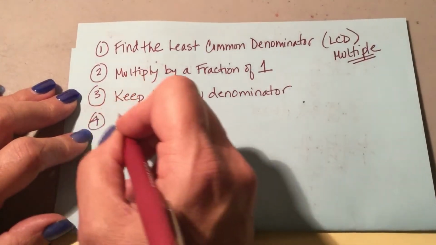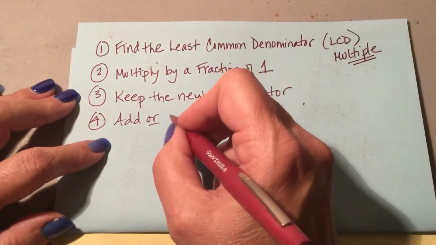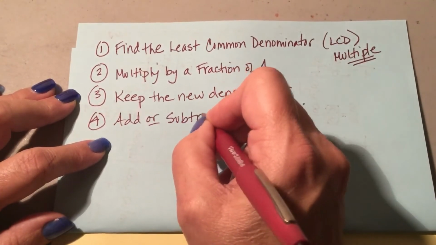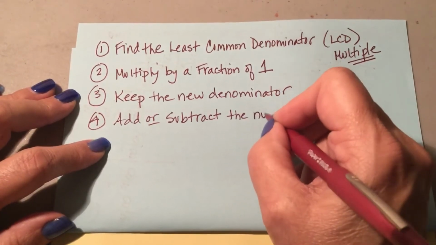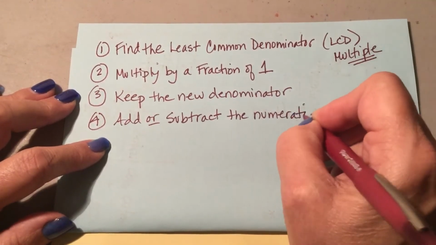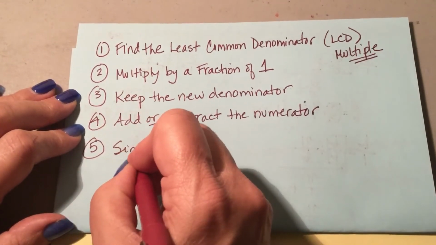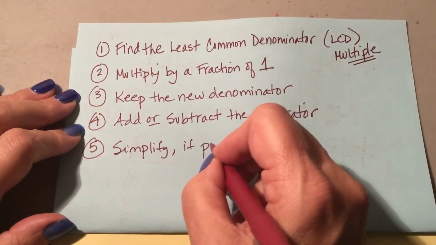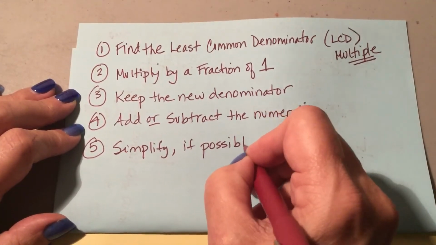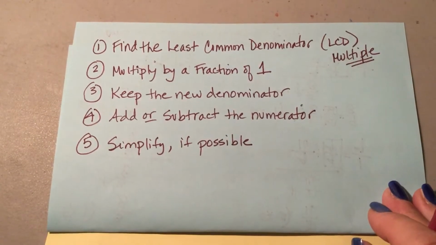Okay. Then step 4 is going to be add or subtract, depending on what we're doing, right? Add or subtract the numerator. And the last step always is to simplify if possible. Remember, it may not always be possible. So these are the steps that we're going to follow.